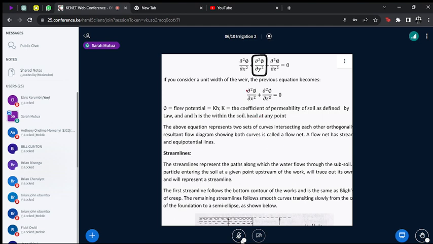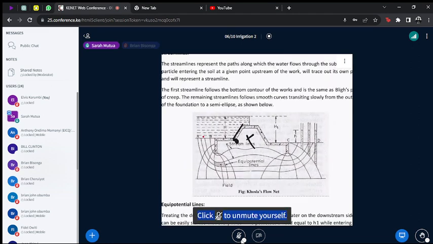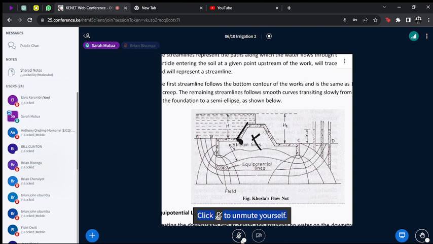So we assume 2-dimensional flow in the x direction, that is upstream, downstream, and then vertical, that is seepage as the water flows downwards. Now, that Laplace application of the Darcy equation, once solved, produces a network. You are able to produce a network of streamlines and equipotential lines.